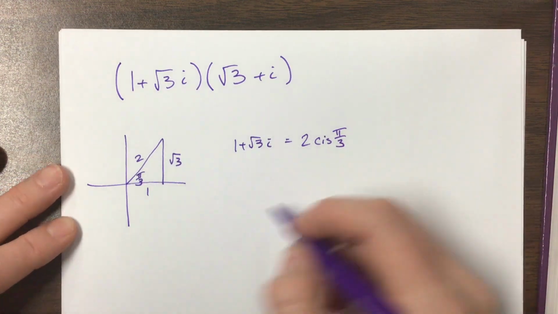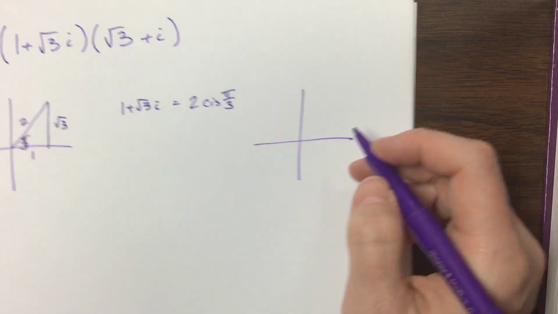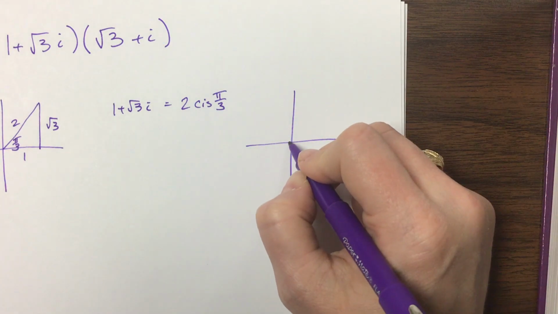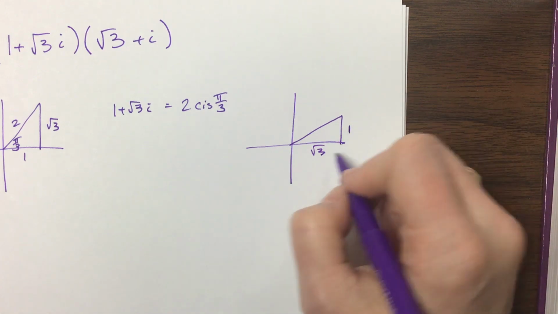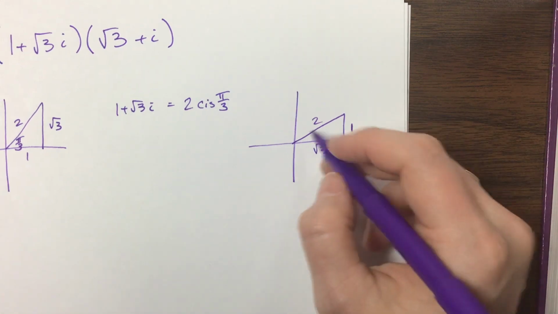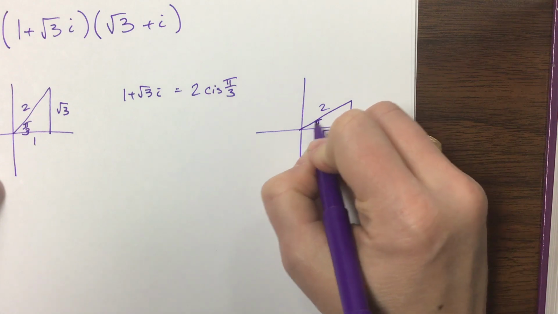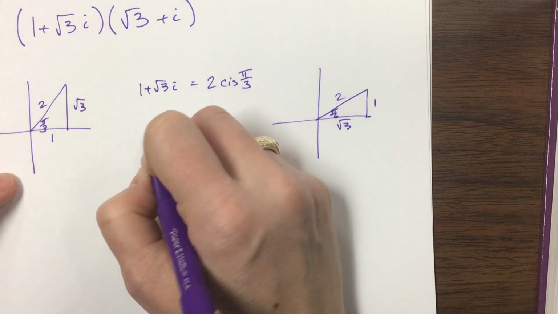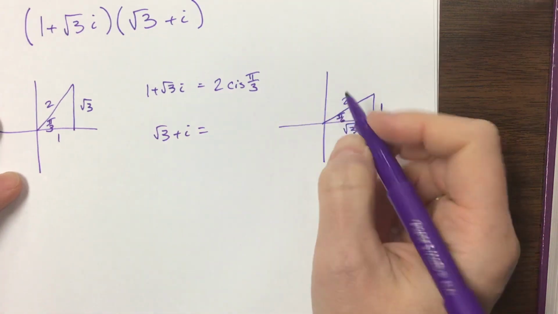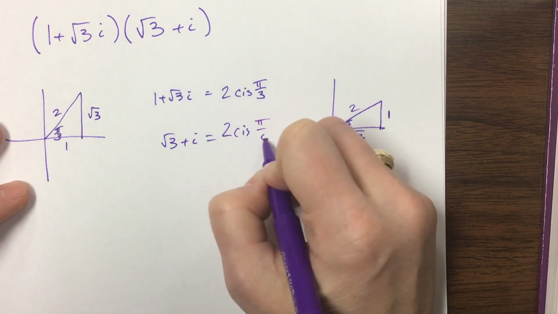And then the other one is root 3 plus i. So this is root 3, this is 1, and this is 2. Here it's still a 30, 60, 90 triangle, except instead of pi over 3, this is now pi over 6, because that's the 30. So root 3 plus i is equal to 2 cis pi over 6.